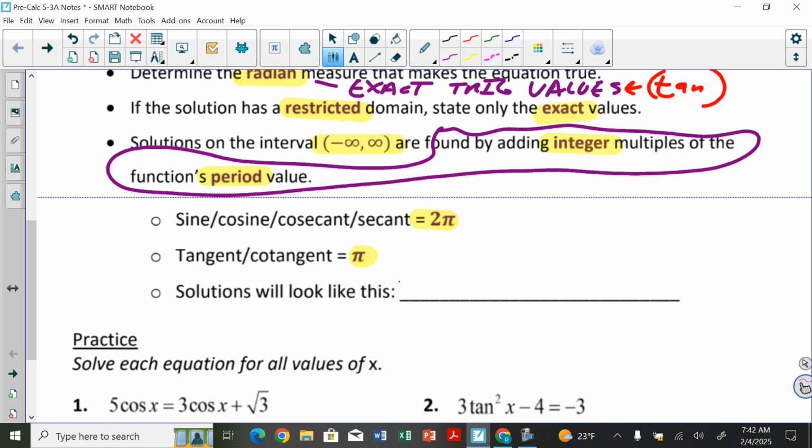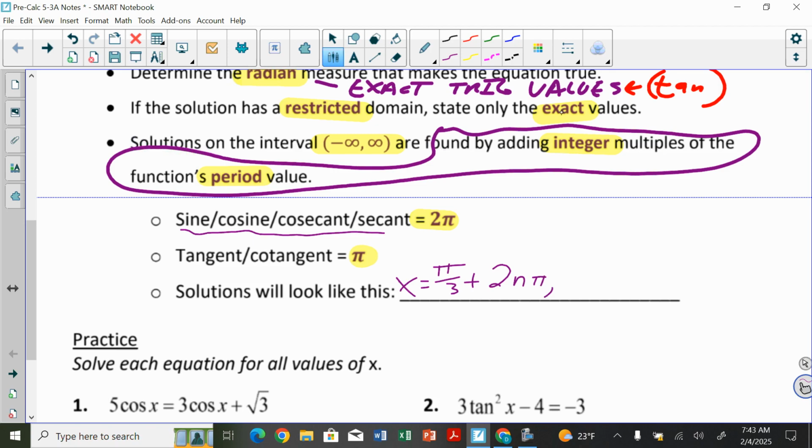So you're going to have an answer that looks like this. Your solutions will be, for example, let's say you got pi over 3 as your answer. Then if it's sine, cosine, secant, or cosecant, it would be x equals pi over 3 plus 2n pi.